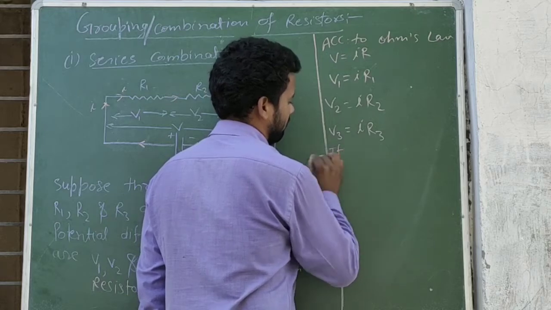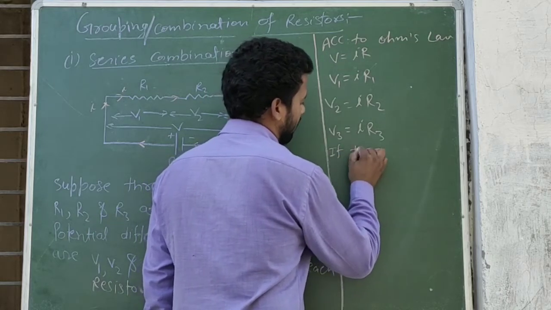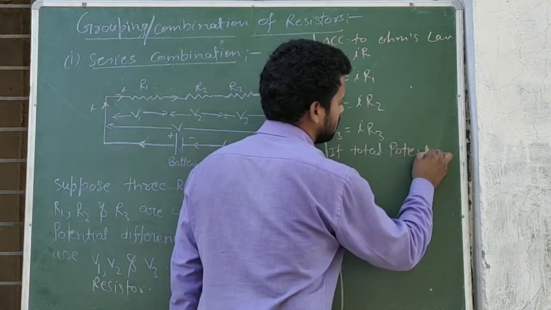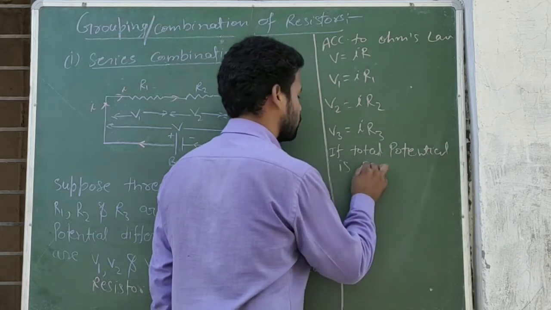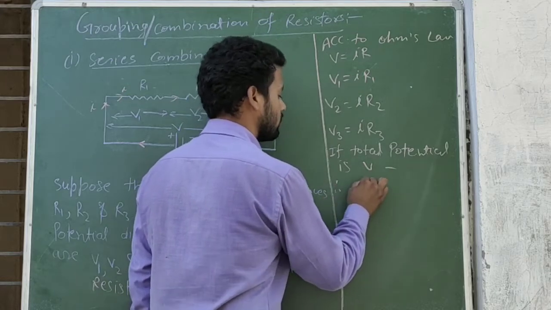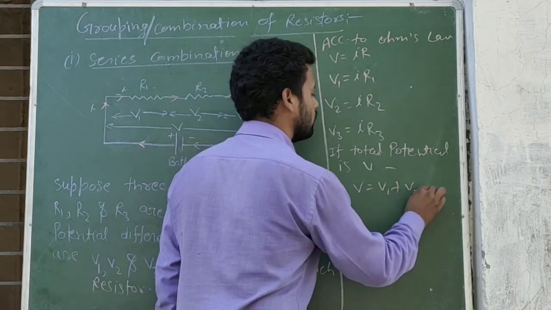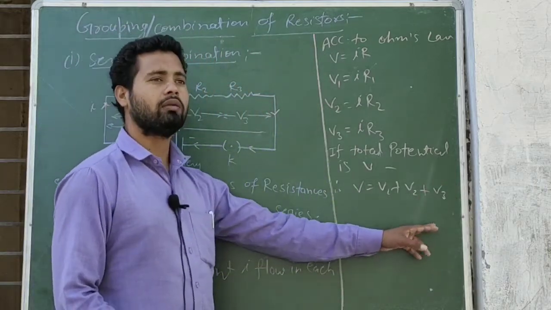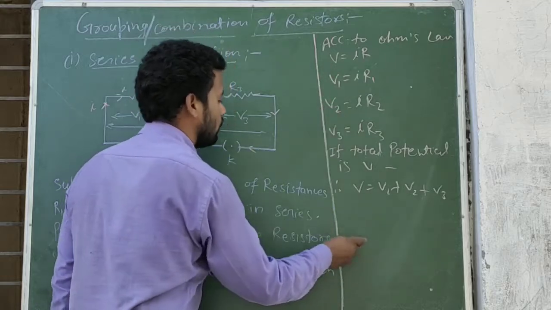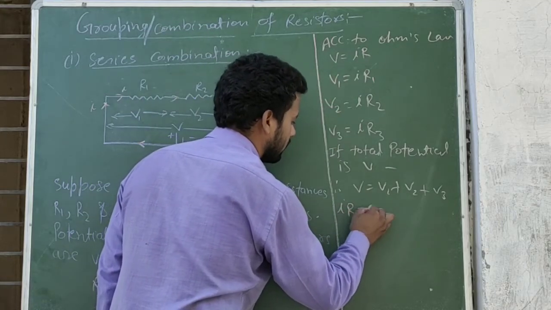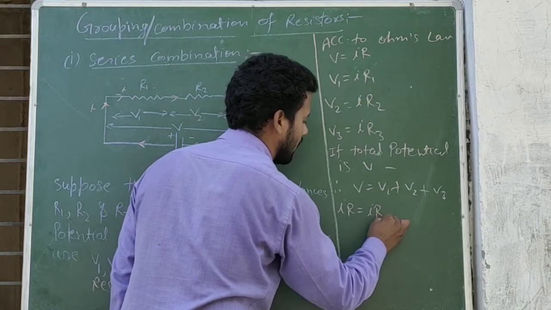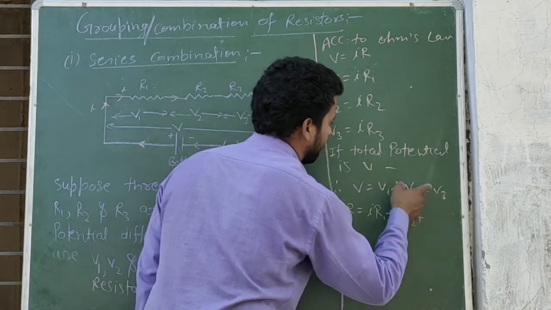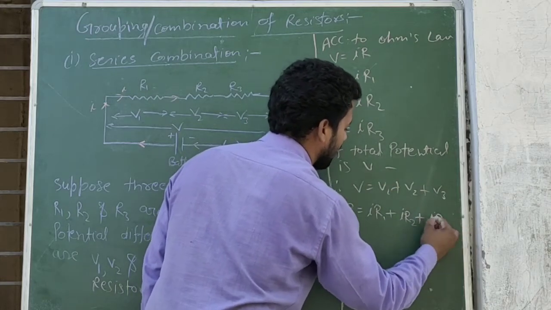Therefore, if total potential is V, then V equal to V1 plus V2 plus V3. Putting the values, V equal to IR, V1 equal to IR1, V2 equal to IR2 and V3 equal to IR3.